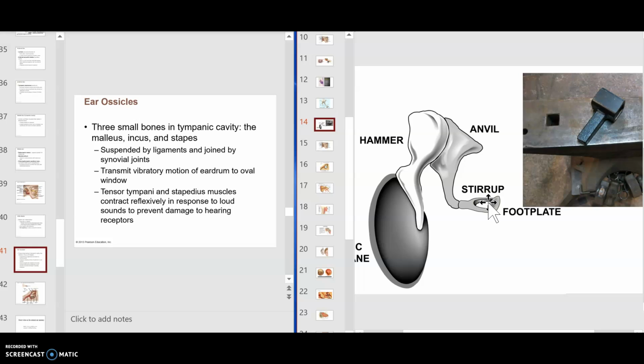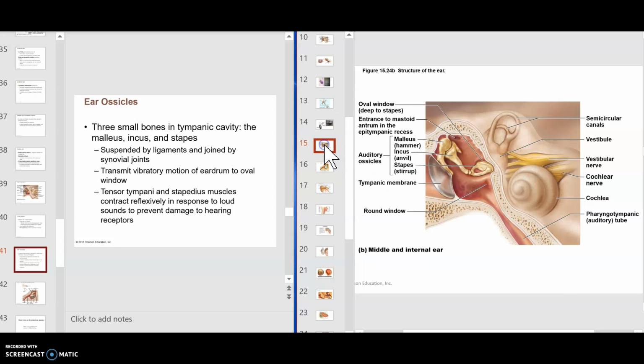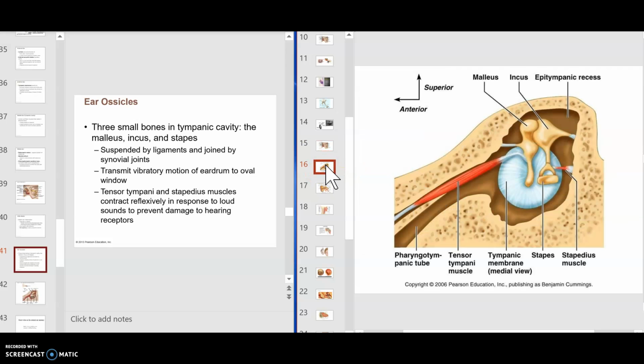And that's where the names came from, the shape that the first person saw when he gave a description to these and gave the name. Okay. So here are those three bones, malleus, incus, stapes. Malleus, incus, stapes.